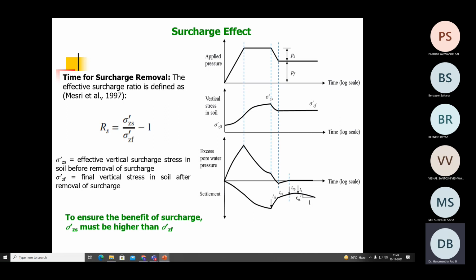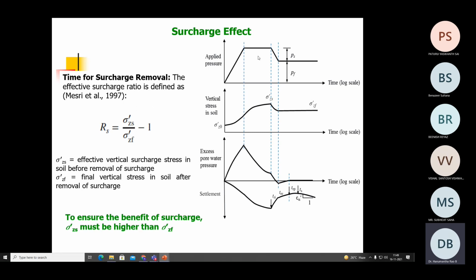But thereafter, again, we construct a superstructure on the improved ground. So we can say Pf means the load applied as a result of the permanent load to be applied on the ground, where Ps is the difference between the maximum surcharge load which was applied and the permanent load. The combination of Ps plus Pf is the maximum surcharge load.